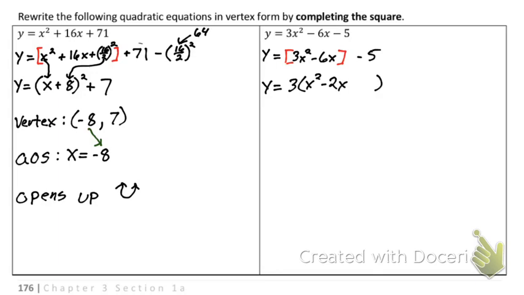So I'm going to add in now minus 5. Now we can complete the square, and that is adding our b over 2 squared. Our b is negative 2 over 2, and we square that. Because I added it to keep it balanced, I need to subtract it. So we're going to subtract negative 2 over 2 squared.